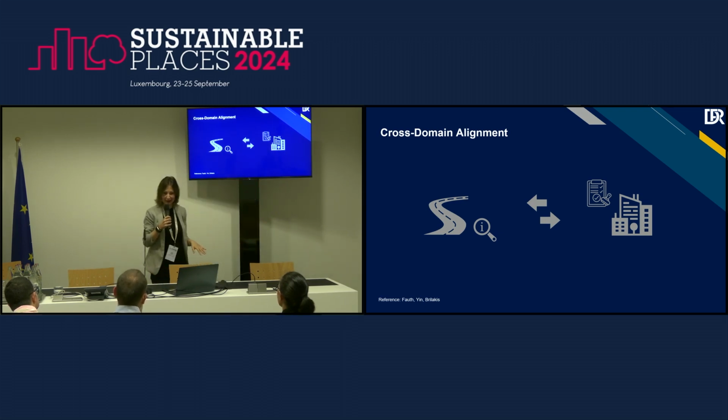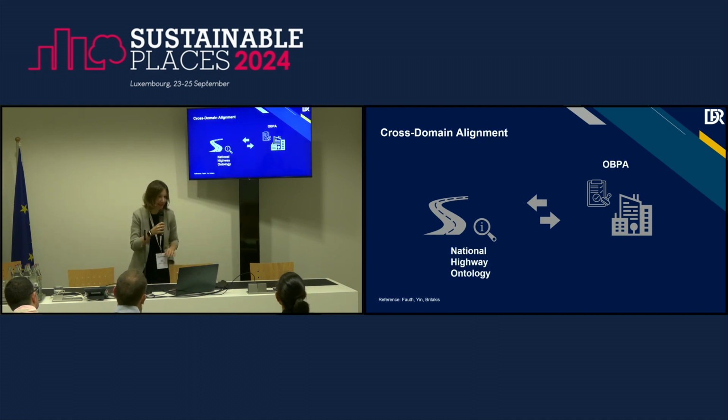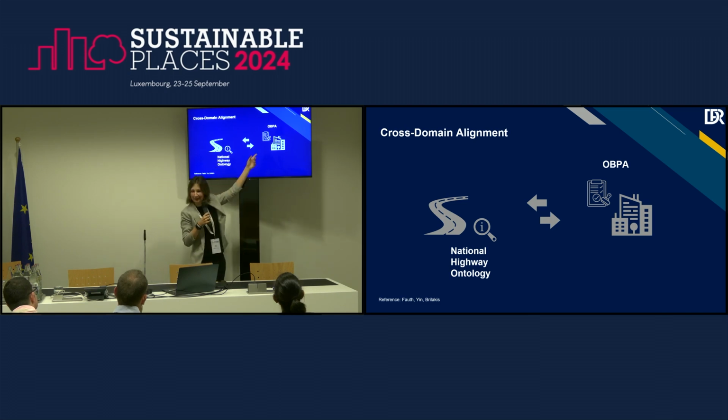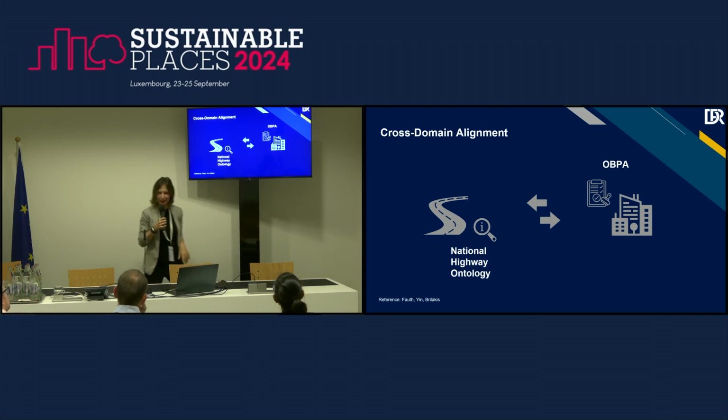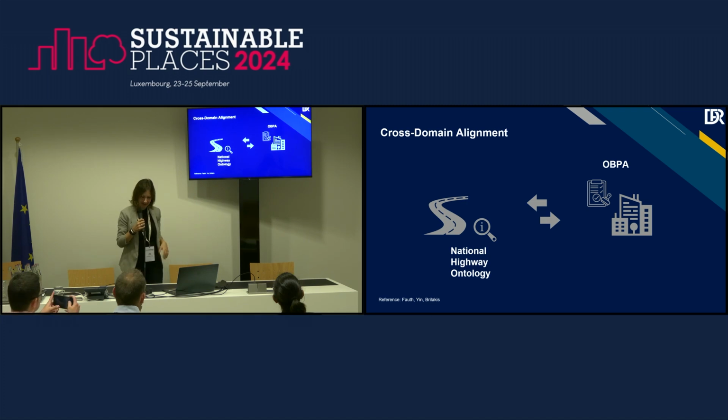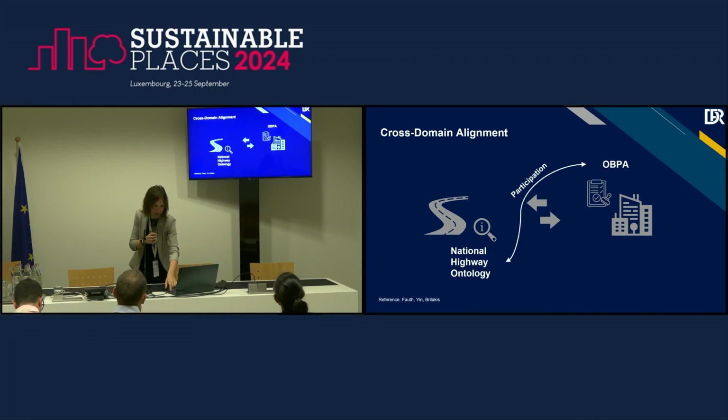And my colleague Menting is developing the National Highways ontology in the UK. And as you know, I developed or co-developed this OPPA, and now we are in the first step investigating how we can even cross-domain align different ontologies, maybe starting with this participation process.